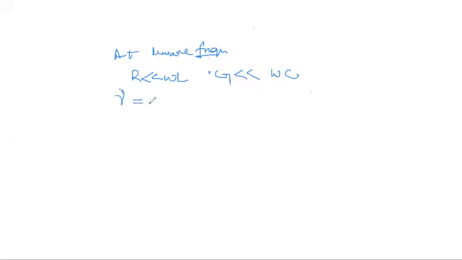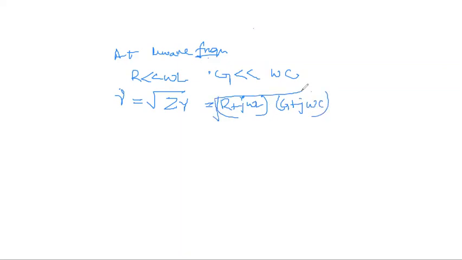When I apply the binomial expansion technique, you know the propagation constant gamma is equal to the square root of zy. Here z is represented as R plus j omega L, multiplied with G plus j omega C, and there is a square root over the whole. Now multiply this together. You get RG plus R j omega C plus G j omega L plus j squared omega squared LC.